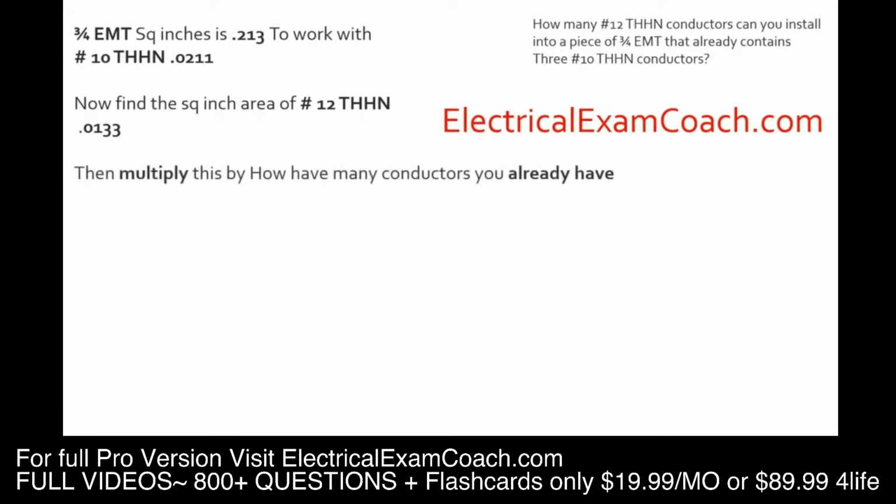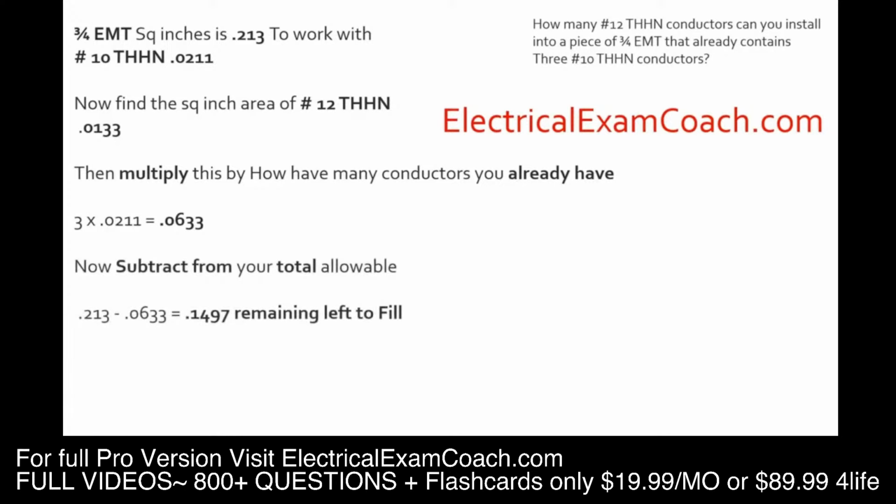We're going to multiply our conductors that we already have. We have 3 number 10s multiplied by the value of a number 10, and that gives us this number. Now to figure out how much space we have left, all we have to do is take our total fill area, which was 0.213, subtract the number 10s, and that lets us know we have 0.1497 remaining left to fill.